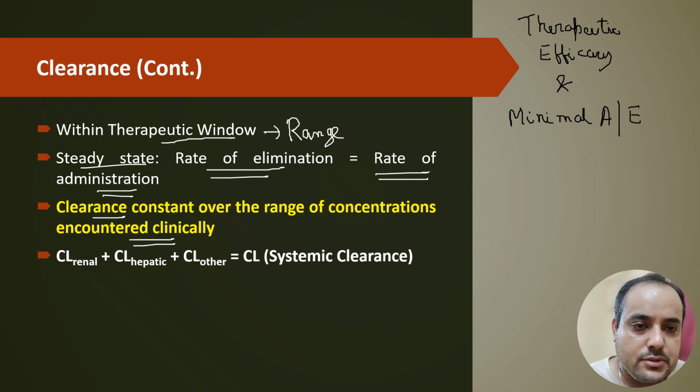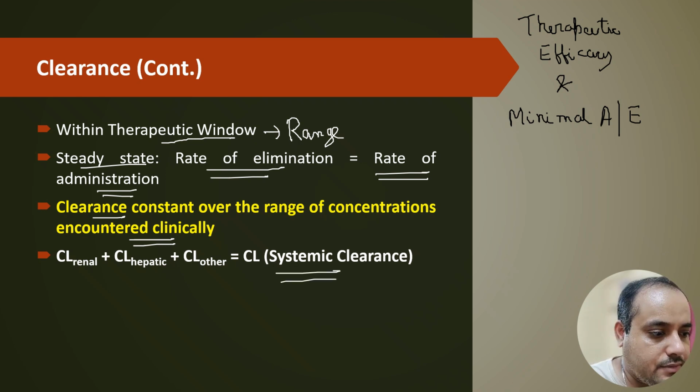Now we have also studied in an earlier lecture that there are various compartment models. The drug can be distributed in various parts of the body, and in each part of the body there will be clearance of the drug. Suppose we are talking about the systemic clearance of the drug. In that case, we are talking individually about whichever organ is clearing the drug.